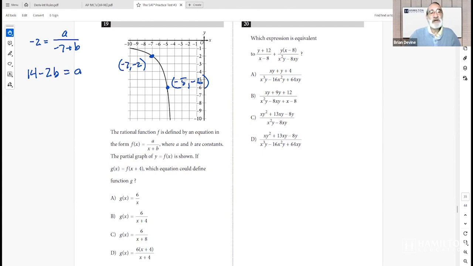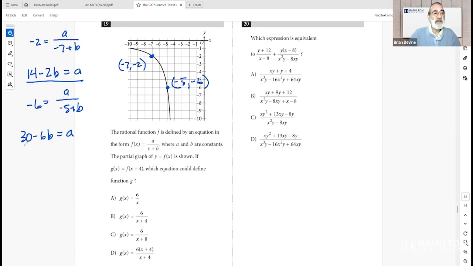And if I take the point -5, -6 and do the same thing, I'm going to get -6 equals a over -5 plus b. And if I multiply both sides of that by -5 plus b, then I'm going to have 30 minus 6b equal to a.